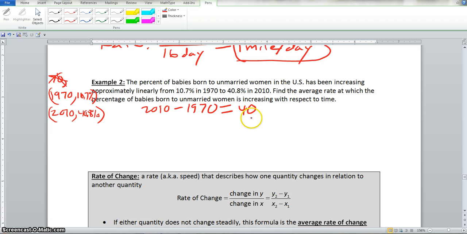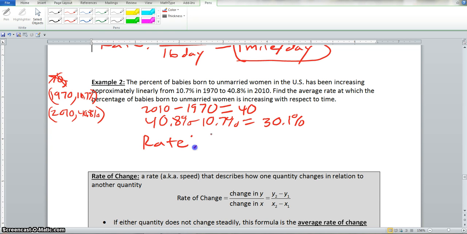And then we would say how much has the percent increased. So we would take 40.8% minus 10.7%. And that would give us 30.1%. So that is the level of increase. Now we want to do the rate.